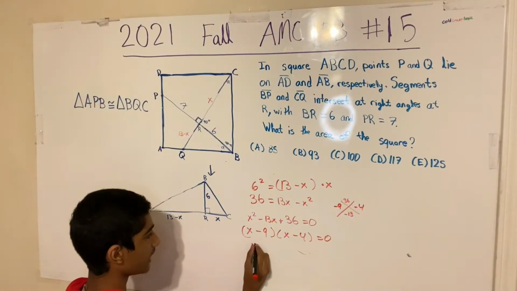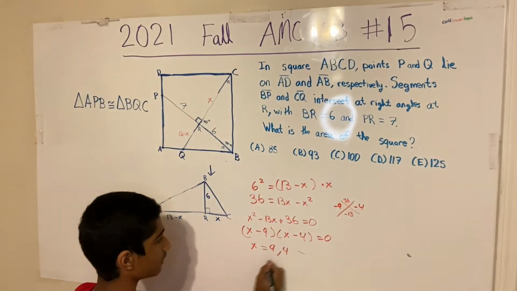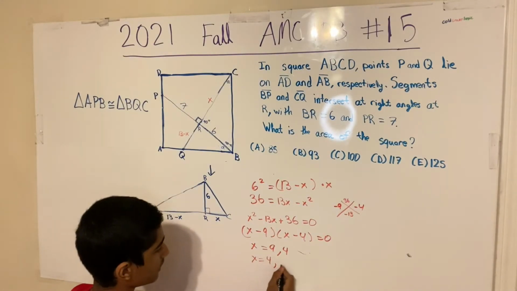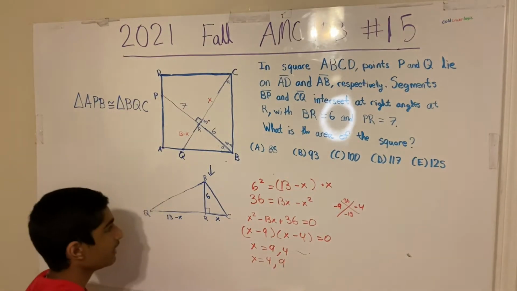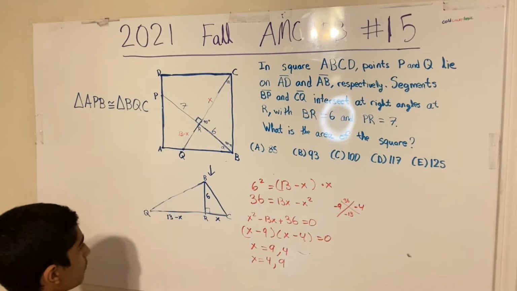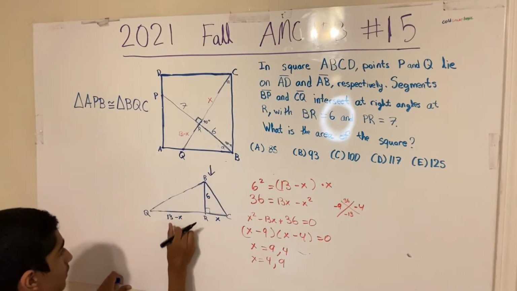So we get the values x is equal to 9 or x is equal to 4. Let me rearrange them so it's in numerical order. And actually I flopped these. Let me rewrite them so it's actually this but turned around.